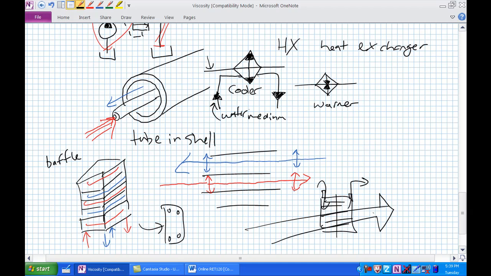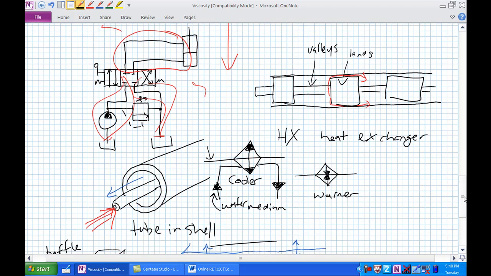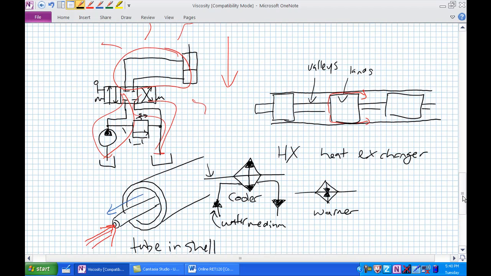Okay, quick note about the warmer. As we already kind of figured out, if fluid is moving, it's going to get warm. So sometimes rather than going to the expense of putting an electrical heating element inside a reservoir to keep it warm, and this is actually quite common in wind turbines, especially in North Dakota, they basically have an automatic circulation function.